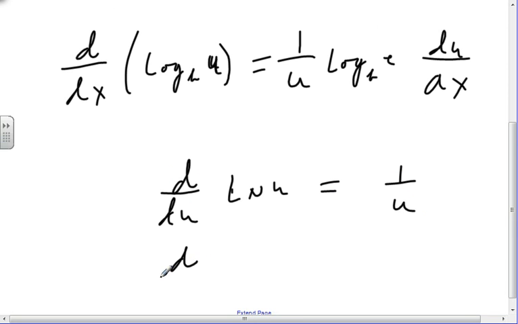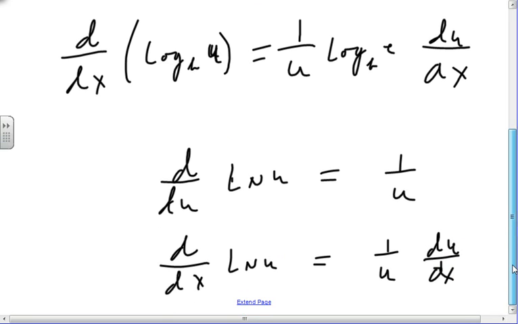And the derivative with respect to x of natural log u is equal to 1 over u du dx.